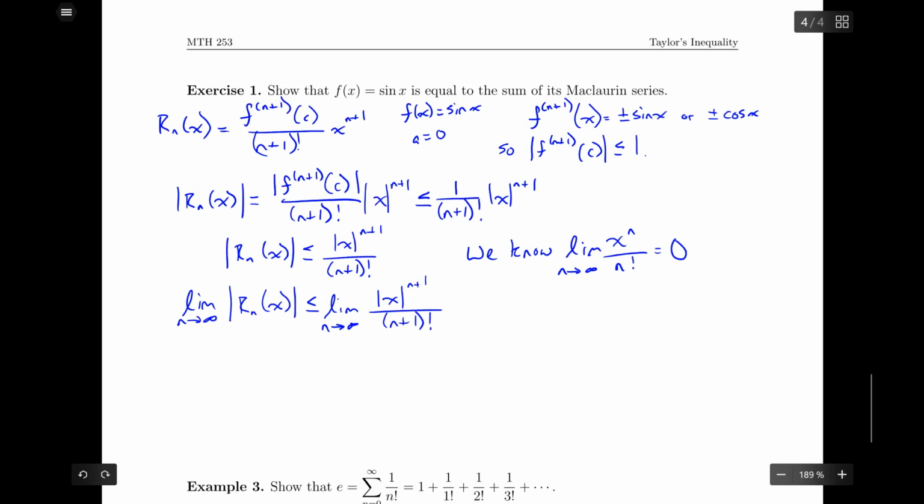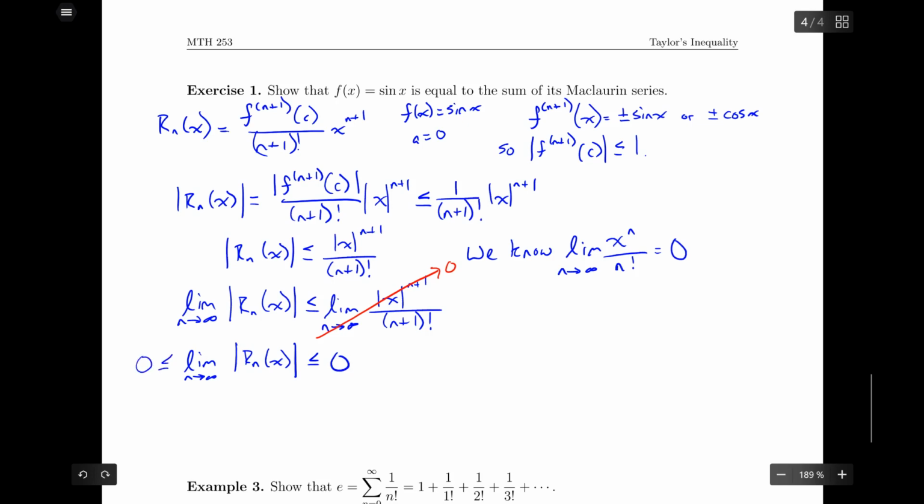Because this is 0, we now know that the limit as n approaches infinity of the absolute value of R sub n of x is less than or equal to 0. But this is never negative, so this is greater than or equal to 0 as well.